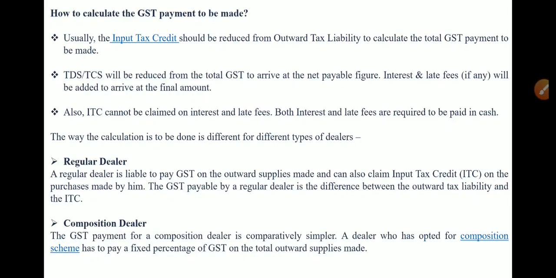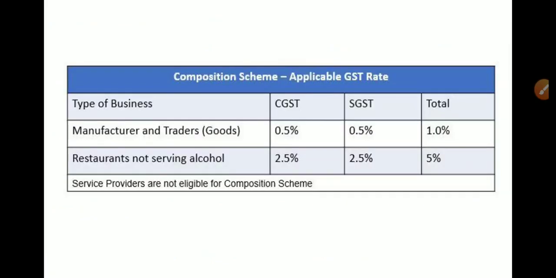These are dealers who opted for the composition scheme rather than regular GST, and they pay GST at once in a large amount. If they opted for the composition scheme, they have to pay a fixed percentage of GST on the total outward supply of goods and services in the year. Okay, that is the case.